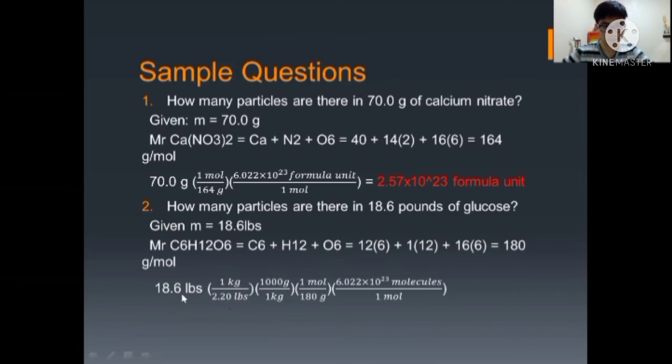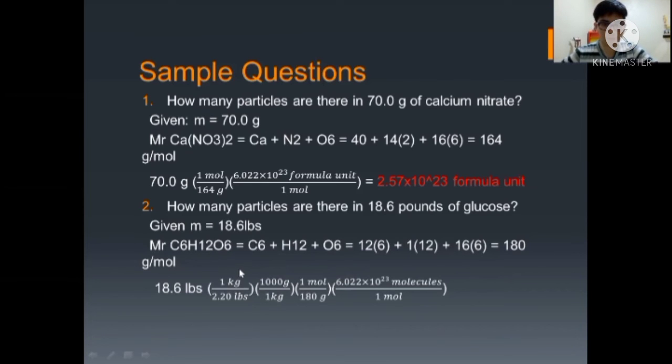So 18.6 pounds times 1 kilogram divided by 2.2 pounds, then we need to cancel this kilogram, since in chemical calculation we use grams, by multiplying 1,000 grams divided by 1 kilogram, since 1 kilogram is equal to 1,000 grams.